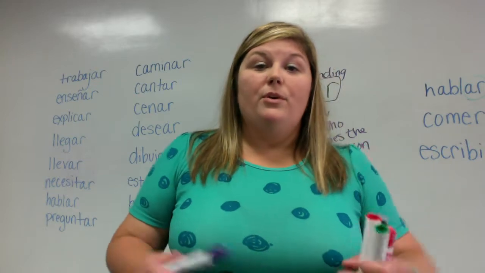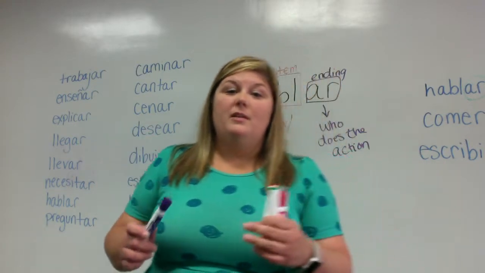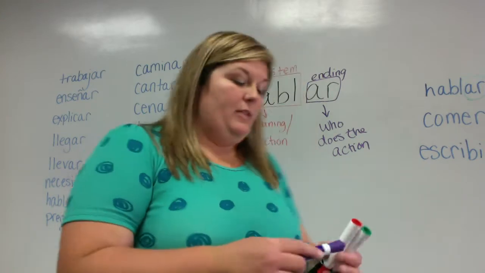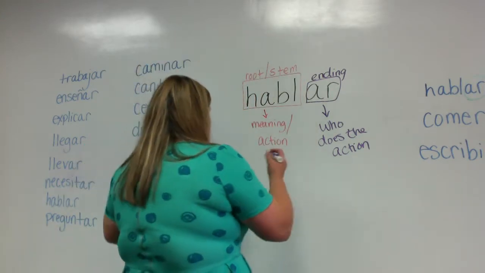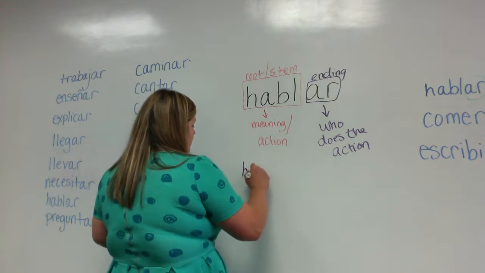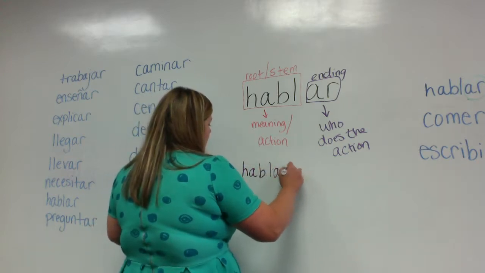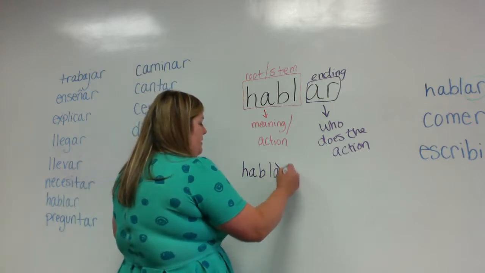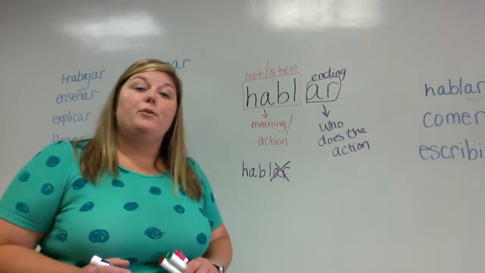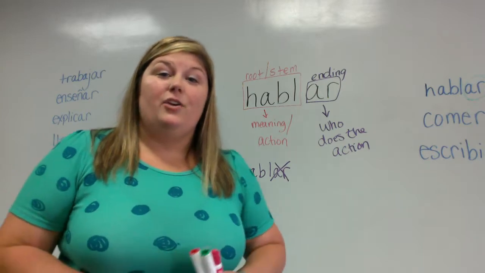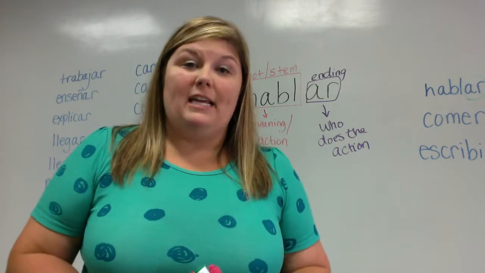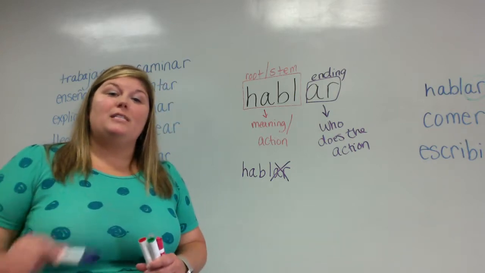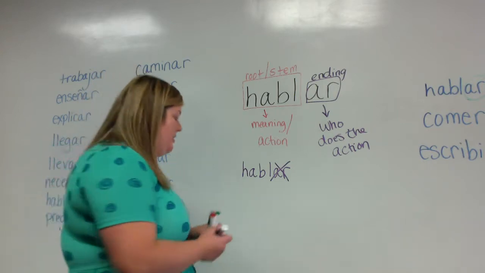So in order to change a verb so that we know who is doing the action, we just follow this step. Start with your infinitive verb. You're going to remove the AR ending. You're going to remove the infinitive ending. And now we're going to replace it with endings that correspond to whoever is doing the action.